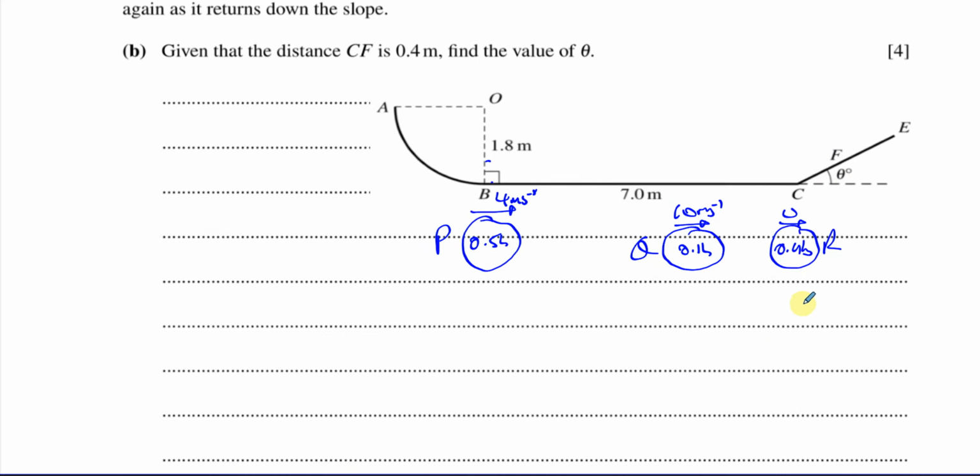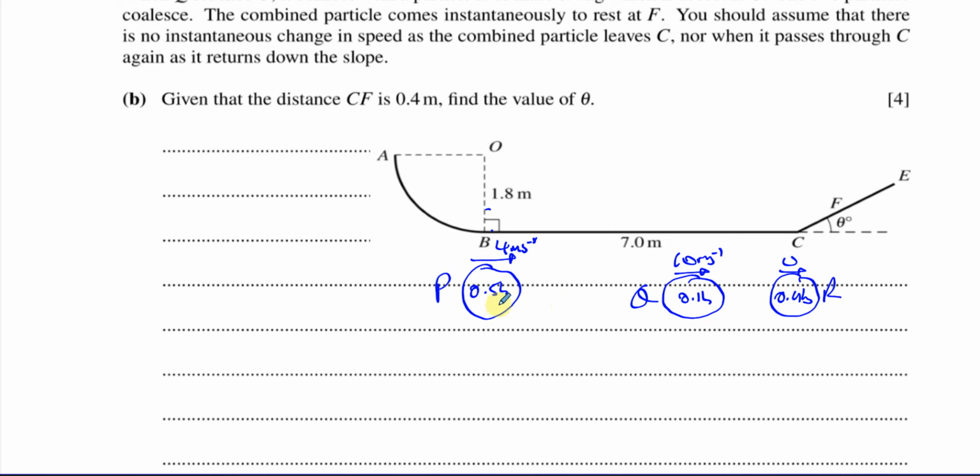So let's have a look at the situation now. These two are going to collide. So you've got Q and you've got R, and then afterwards Q and R together.